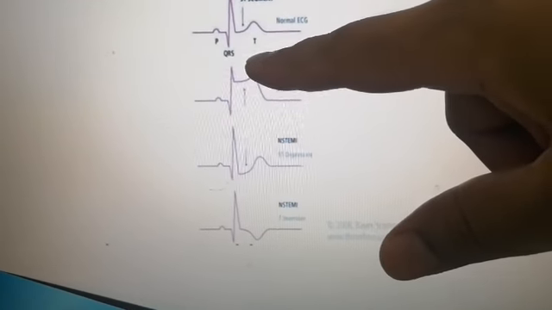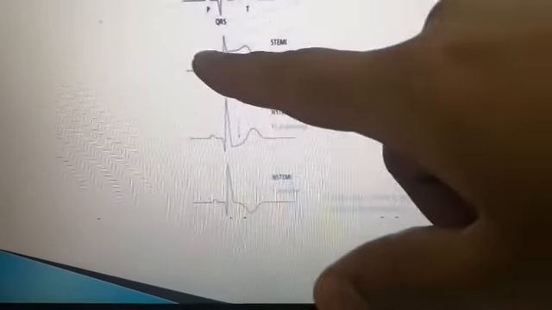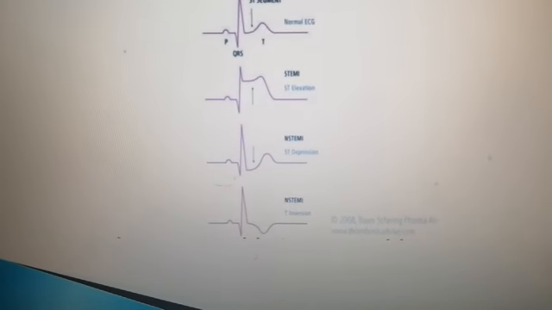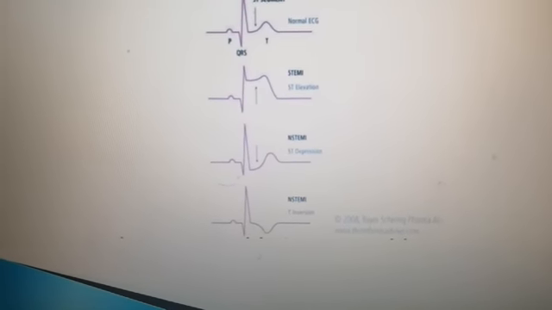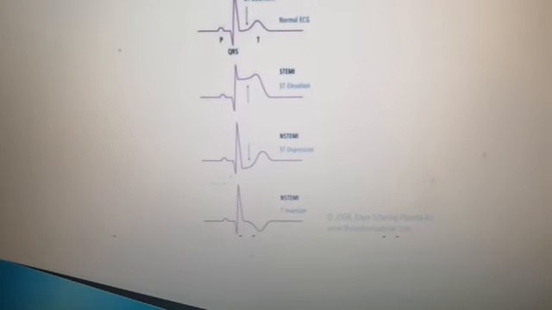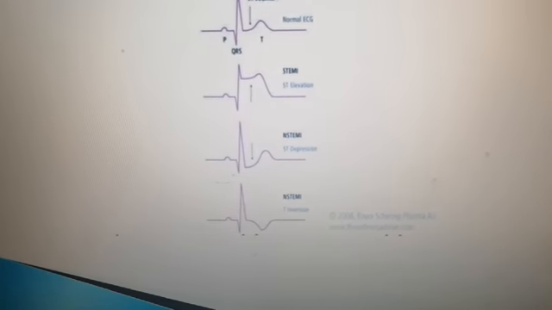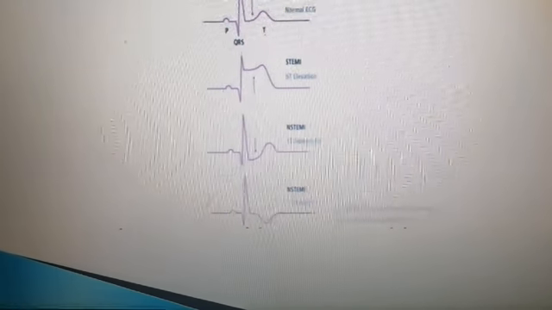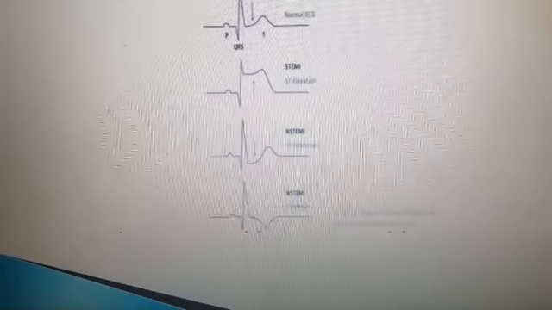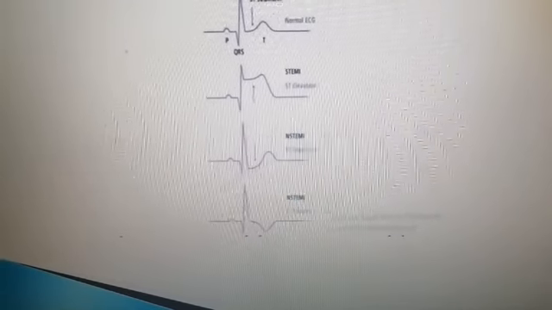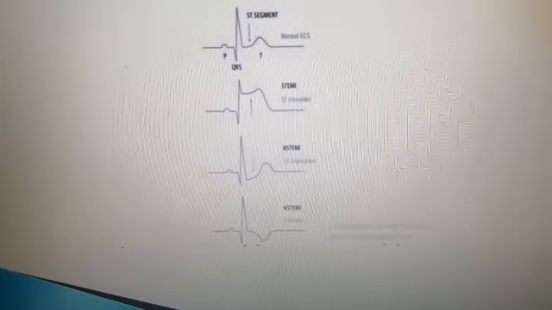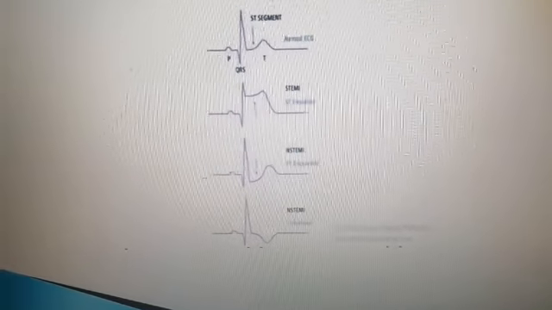The ST segment is on the higher side, while this is the isoelectric point, and this shows how much the ST segment is elevated. And in the third diagram there is ST depression. This is the non-ST elevation MI. And in the fourth diagram there is T-wave inversion, and this is also NSTEMI. So two diagrams are of NSTEMI, and one is normal. The second is of STEMI.